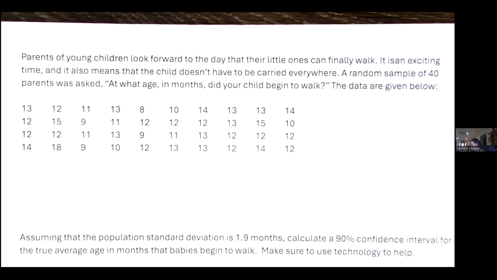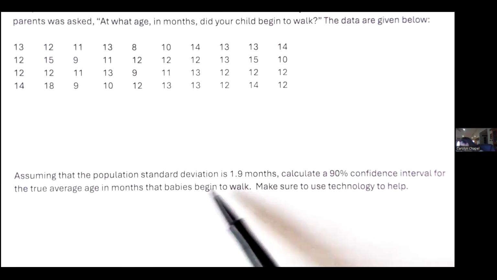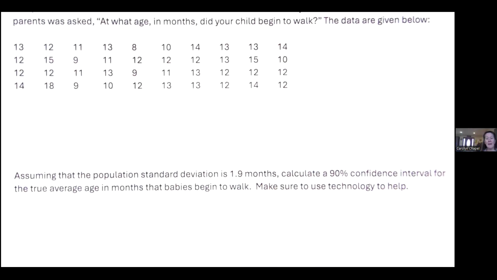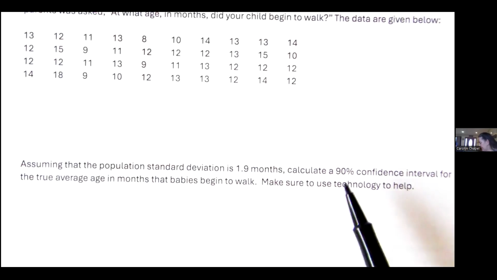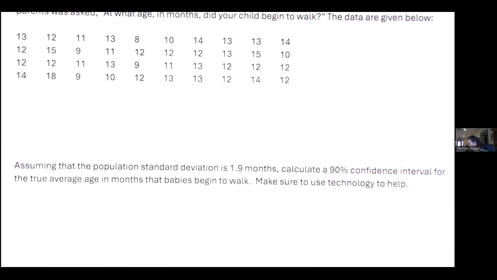Parents are kind of concerned, wondering when their kid's going to finally walk. So this is the month at which they started walking. And these are 40 kids. Okay, so this is our data. And assume that the population standard deviation is 1.9. We wanted to conduct a 90% confidence interval for this true average.